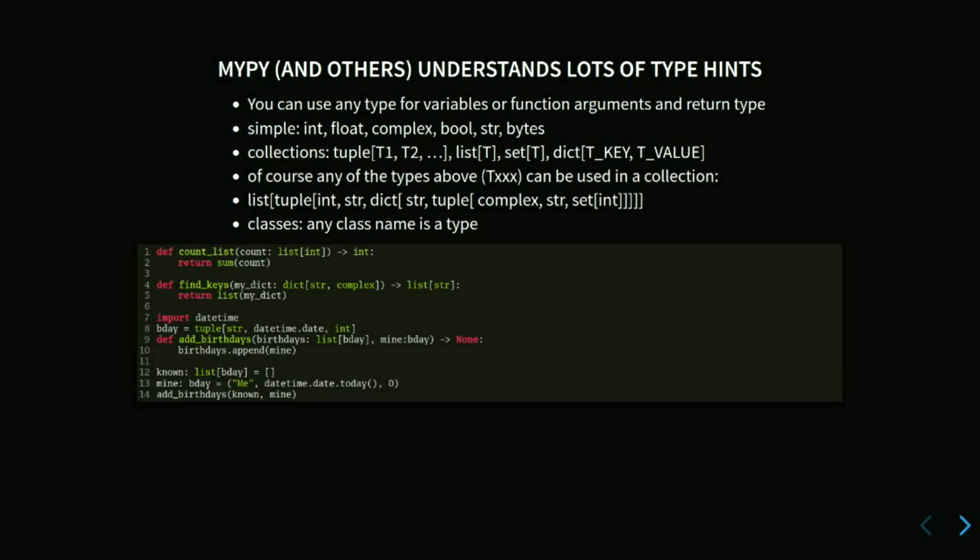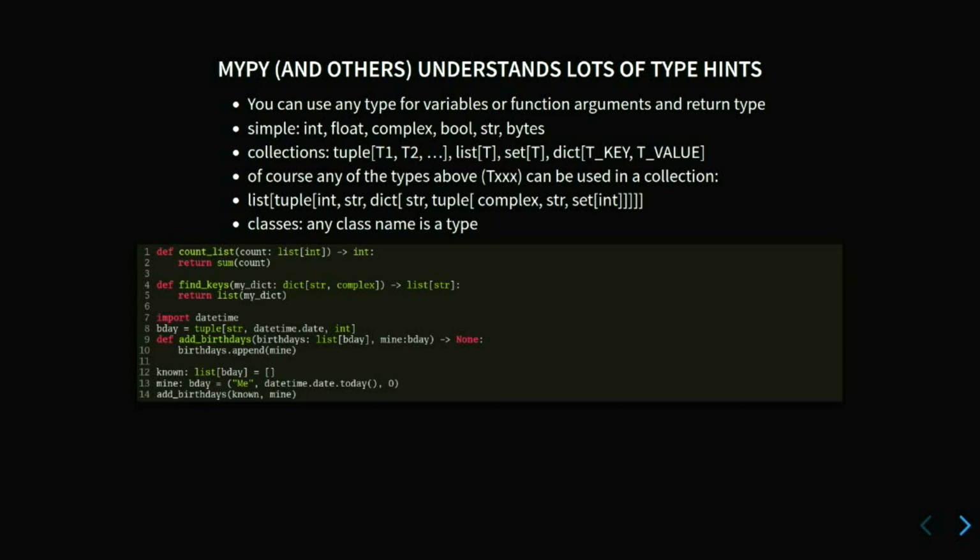And you can see the syntax there, where we use a square bracket to say what the types are for that collection. So with a tuple, each of its items can be a different type, so I've said that as T1, T2, and so on, whereas with a list we have a single type, and the same with a set.